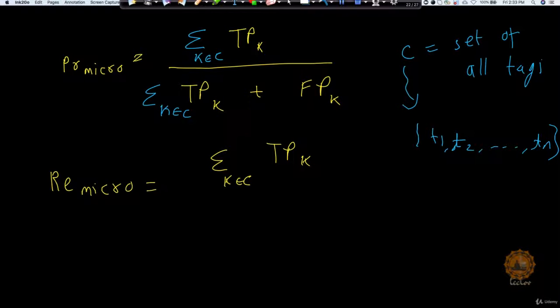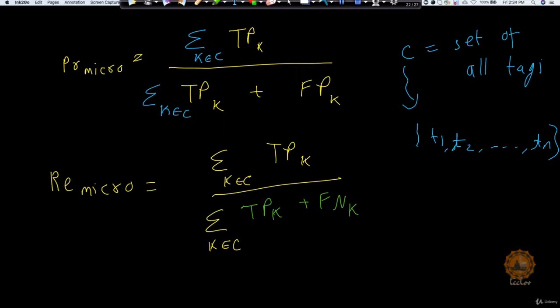I will talk about that. So this is TP_k, and then again k belonging to C, and this is going to be your value TP_k plus FN_k.